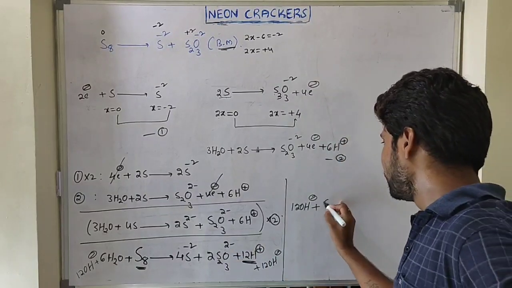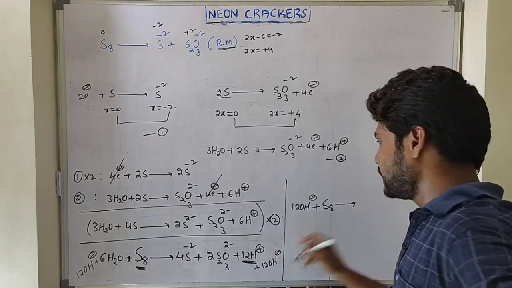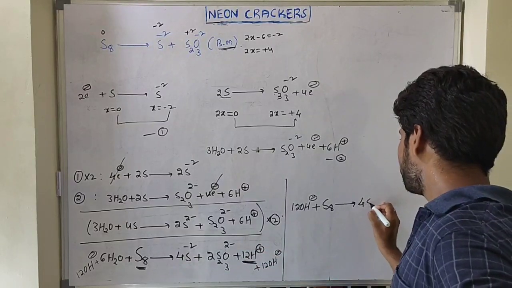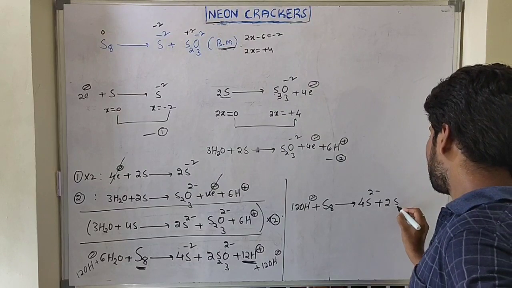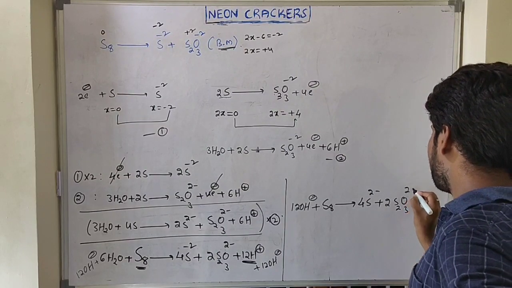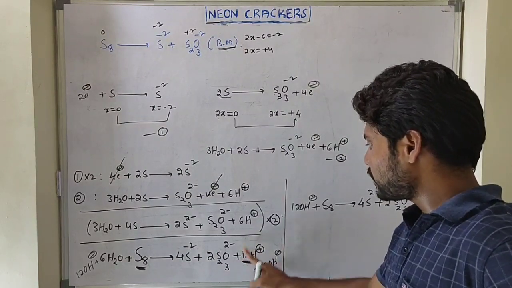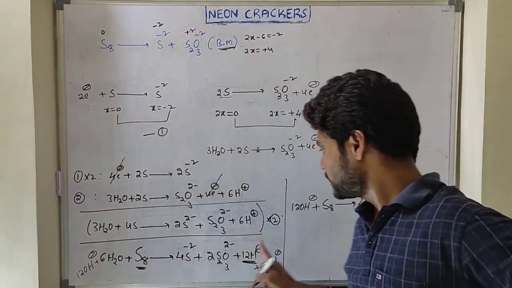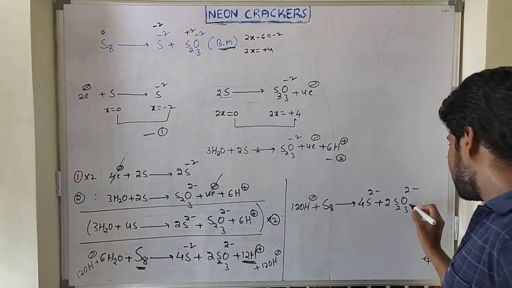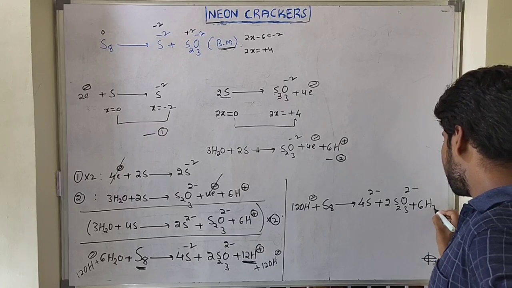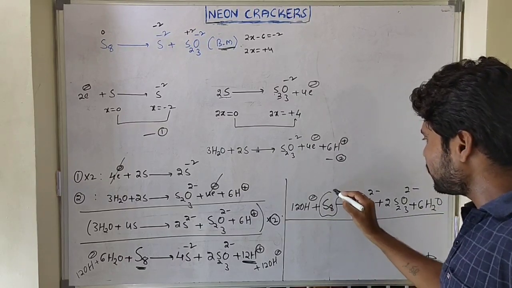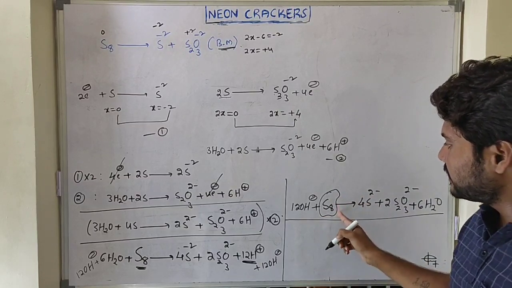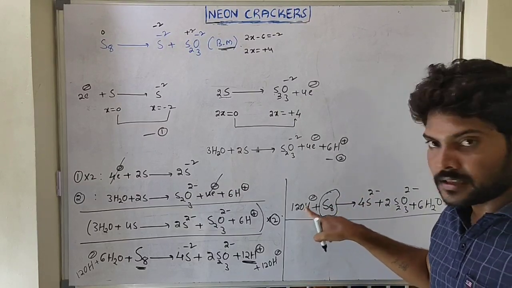We have to write that, and S8 is as it is. Now here 4 sulfide ions plus 2 moles of thiosulfate ion, and here 12 water molecules. From here 6 get cancelled, and the rest, 6 water molecules, are there. And this is the polyatomic S8 balanced equation in basic medium.